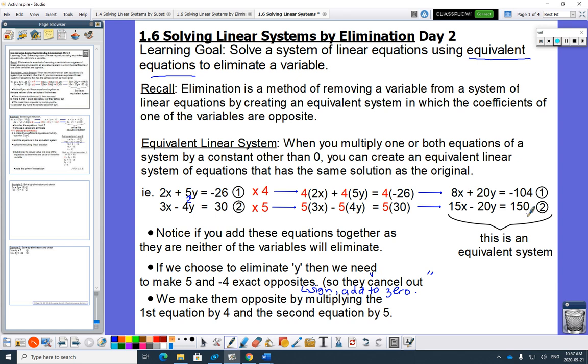You can still write a line underneath and a plus sign, like learning how to do stacking addition in grade 3 or whatever. All those other steps are the same. So there's just a first initial step. When you look at this, none of these are going to eliminate. We need to make them equivalent so that they will eliminate, okay?